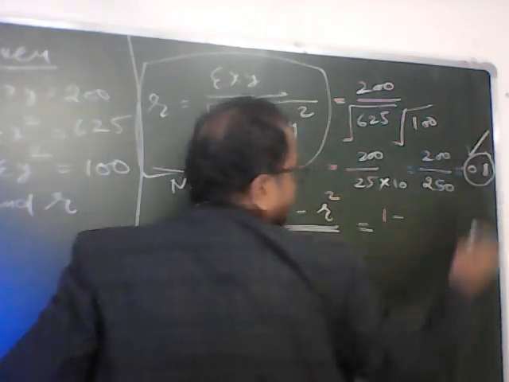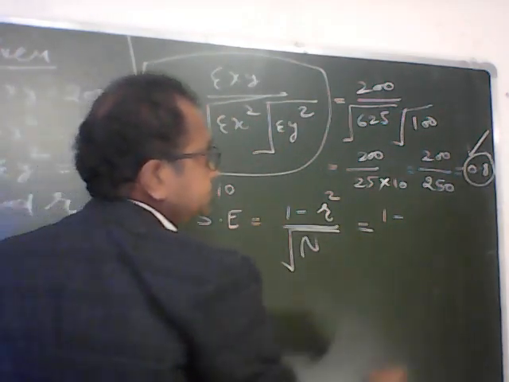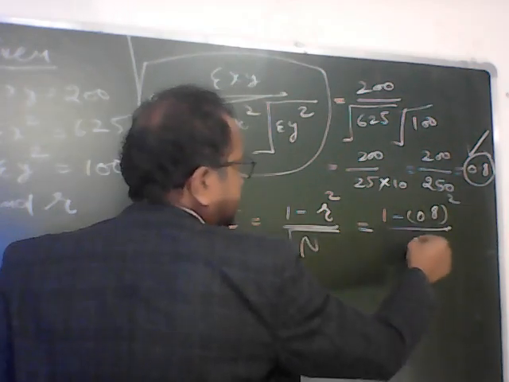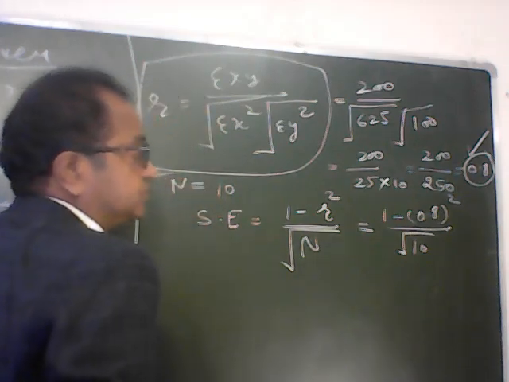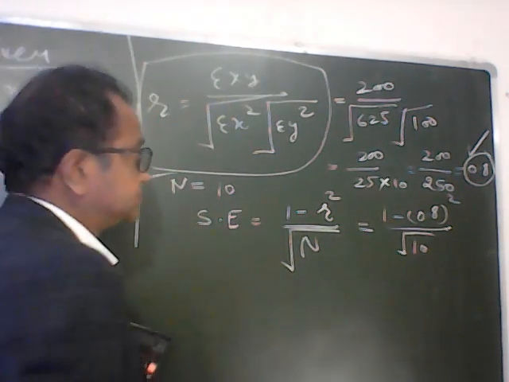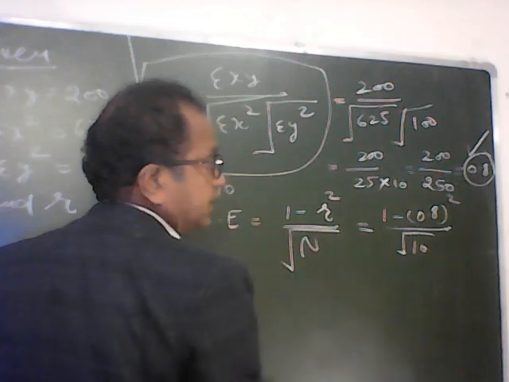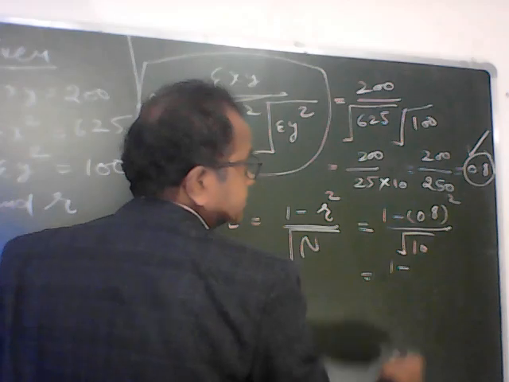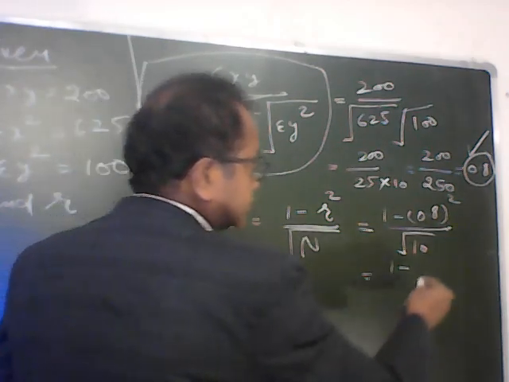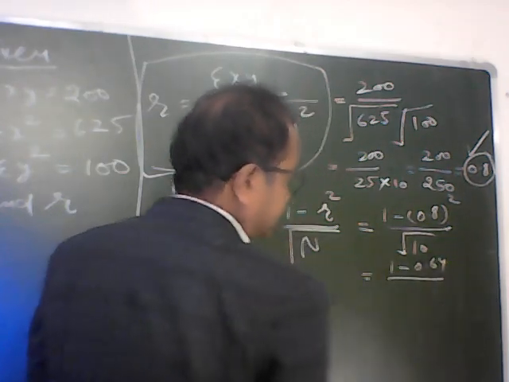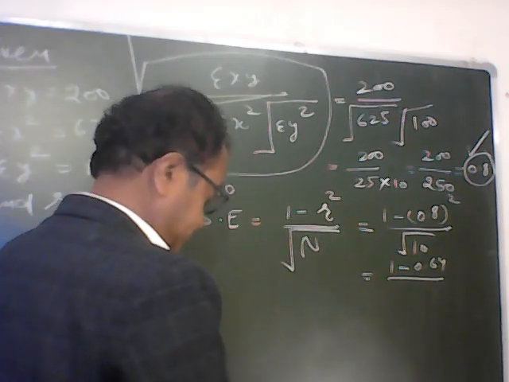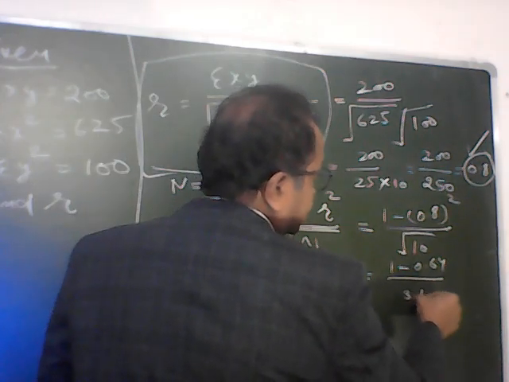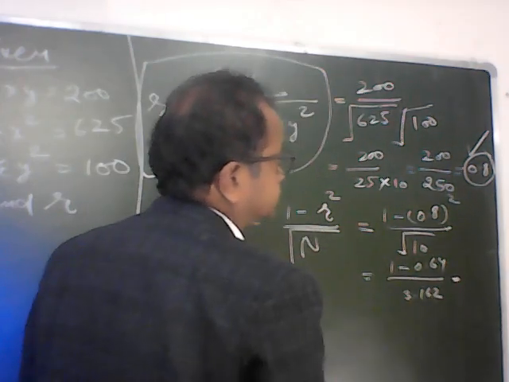As we got 0.8 as r, it will be 1 minus 0.8 whole square, divided by n, the number of observations, which we assumed as 10, and its under root. Let's solve this. 1 minus 0.64 is 0.36, divided by the square root of 10. The square root of 10 is 3.162.